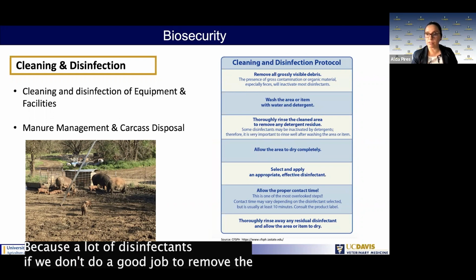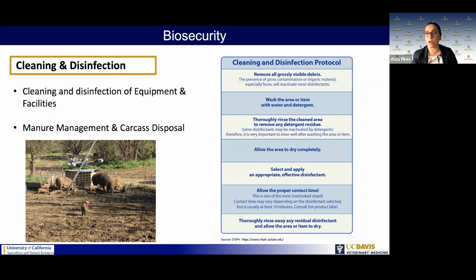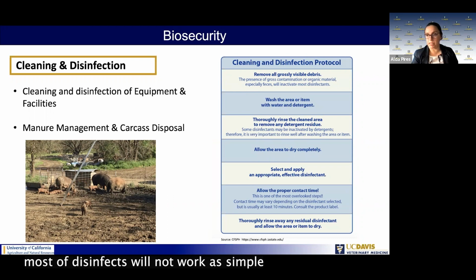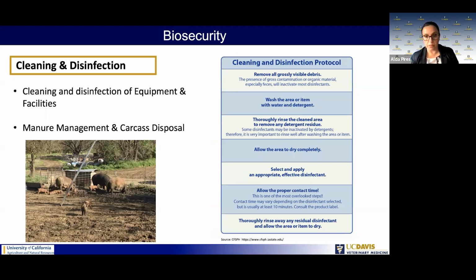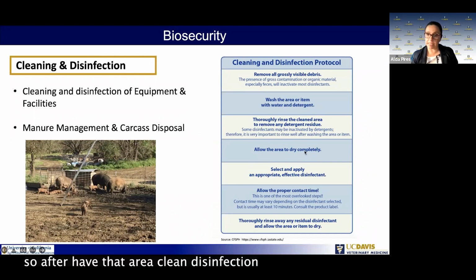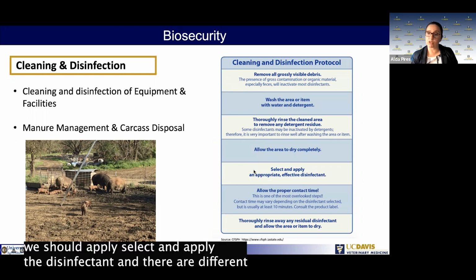Why? Because a lot of disinfectants, if we don't do a good job removing the gross contamination, the organic material, most disinfectants will not work, as for example, bleach.